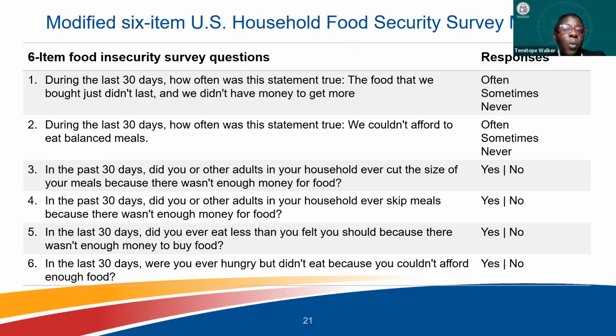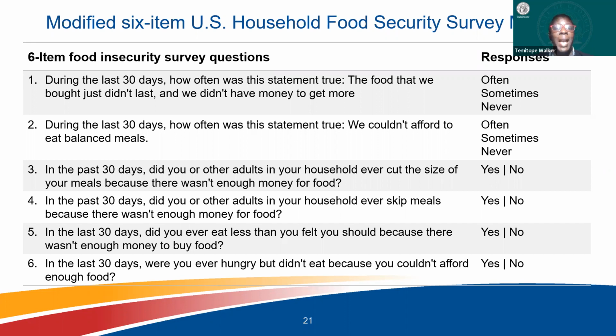In question 3, it's a subtle difference, but we're really talking about behavior here. Question 3 is talking about just the simple act of cutting the size of the meal, and question 5 is really getting to the feeling and behavior. So, did you ever eat less than you felt you should?